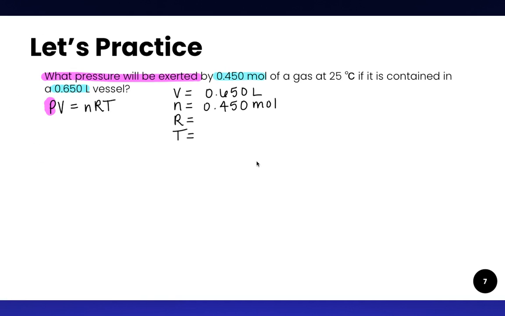R is always the same. And the temperature is 25 degrees Celsius.